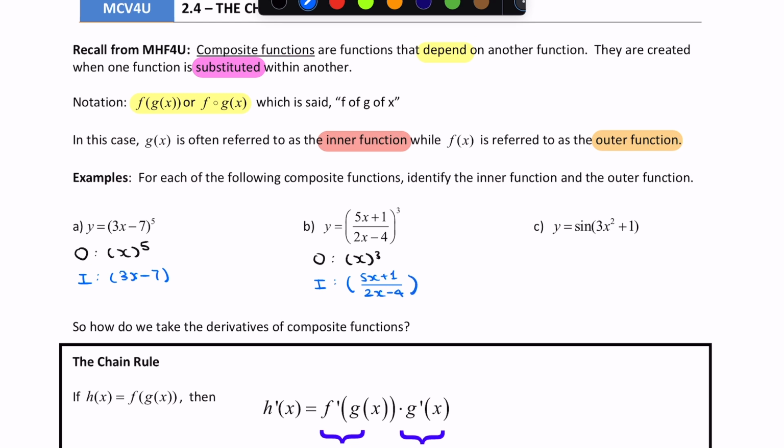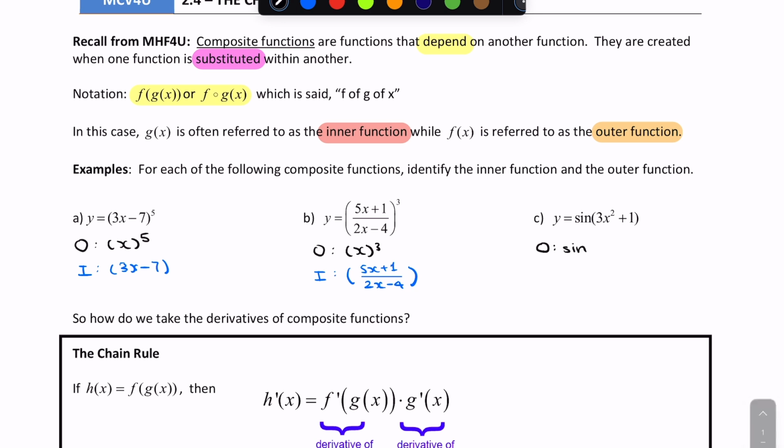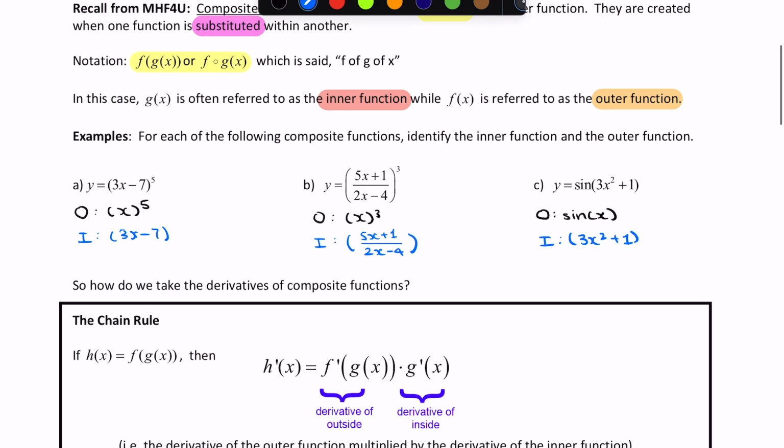And finally, this last one here, for sine of 3x squared plus 1, the outer function would be sine x, and the inner function is 3x squared plus 1. And this will be important as we look at the chain rule because we'll have to find the derivative of the outside function and the derivative of the inside function.